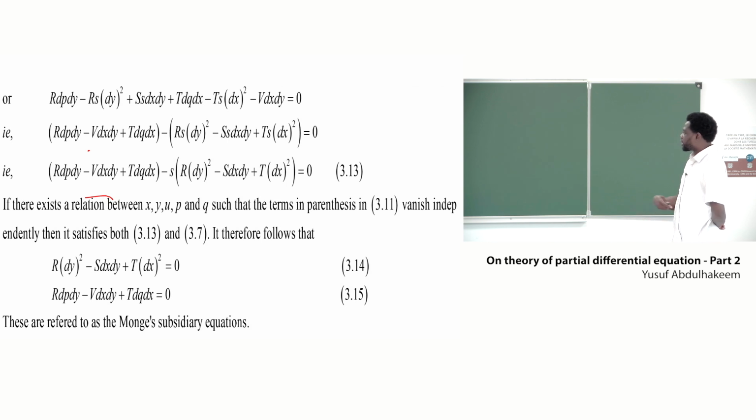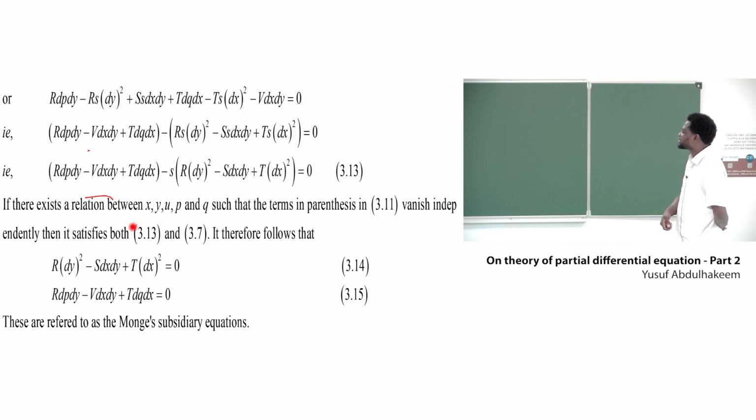Or by the time we clear the denominator, the differential equation can look this way. Then we group the differential equation together. These ones are all the ones with coefficient of s. We can see how we group them together.